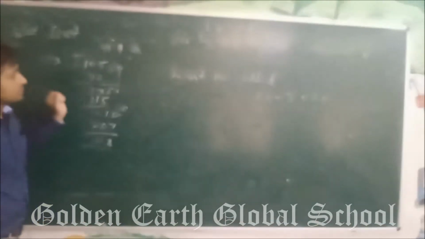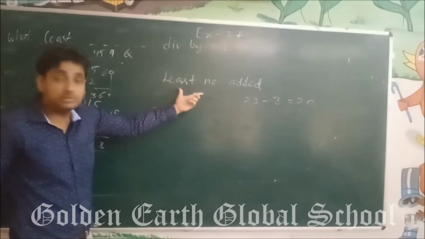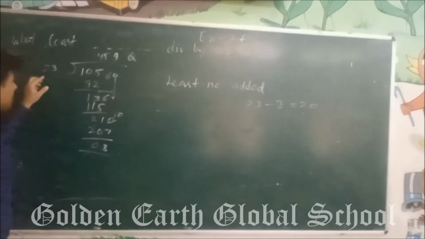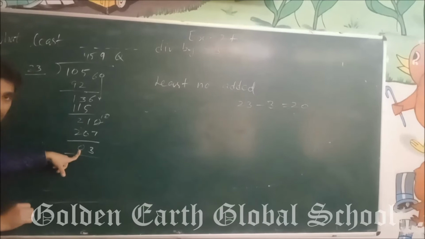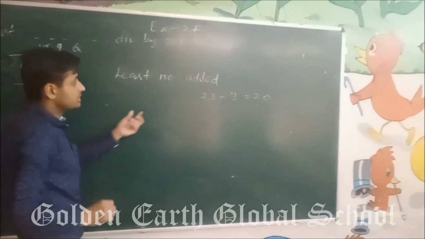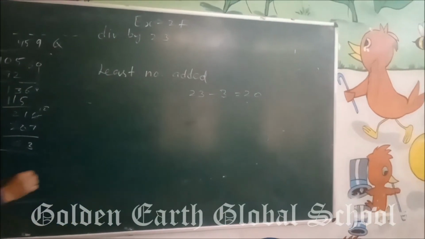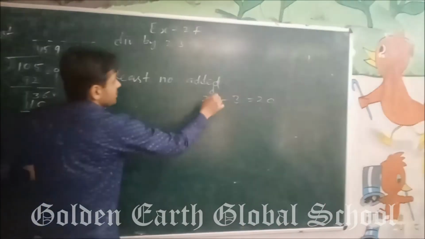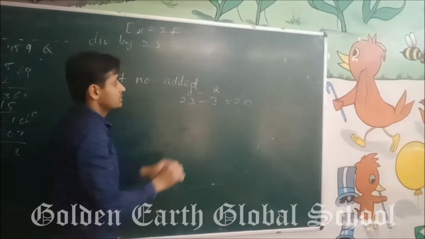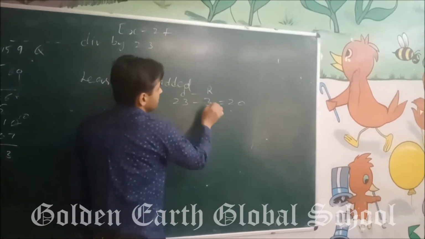The least number you should add: divisor minus remainder. The divisor is 23, small d. The remainder is 3. So divisor minus remainder is 20.